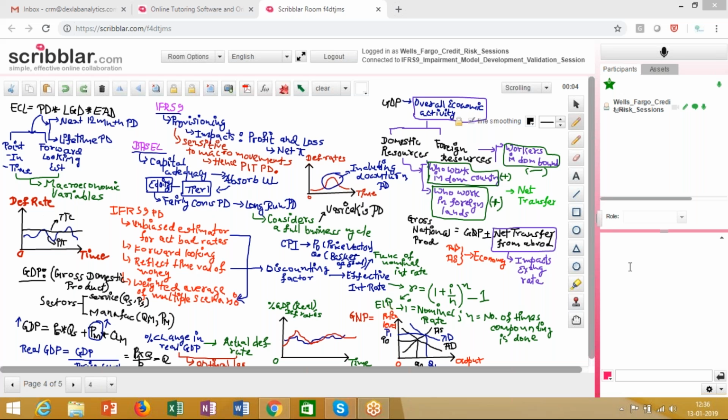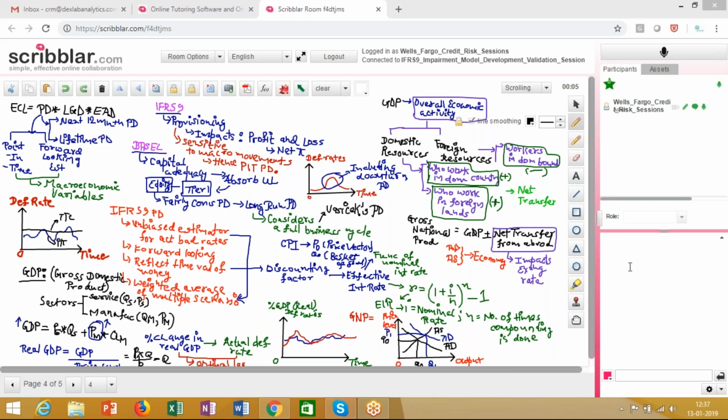Because the GNP adjusts for the transfers made by the domestic resources working abroad into the nation, as well as the foreign transfers which are made by the foreign resources working in India or within the geographical domains of the nation, and those amounts are transferred abroad, right? So what we have over here is the gross national product.